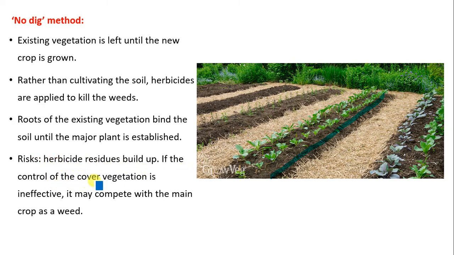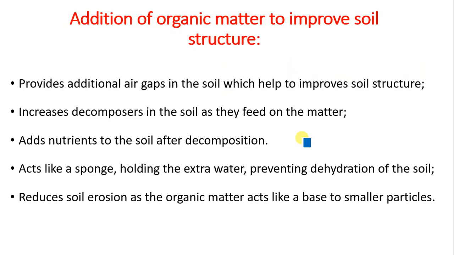If the control of the cover vegetation is ineffective, it may compete with the main crop as a weed. Because you use herbicide here, these have died out. But if the herbicide is not properly applied, the weeds can grow back and compete with the main plant itself.